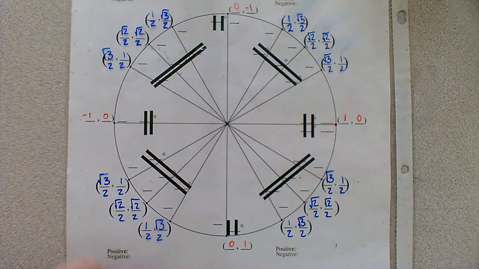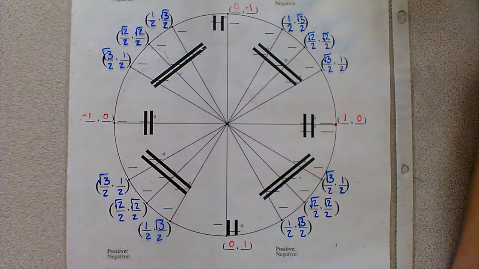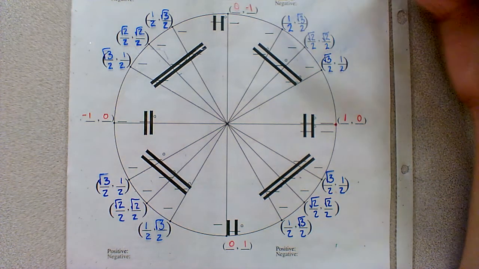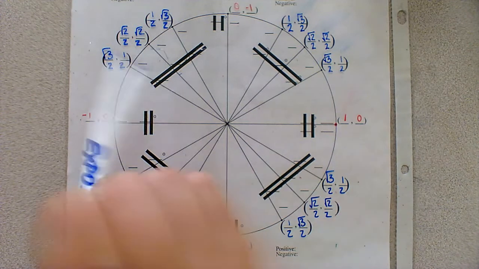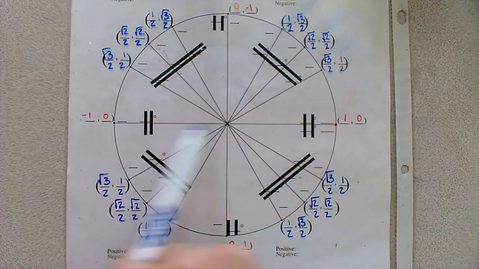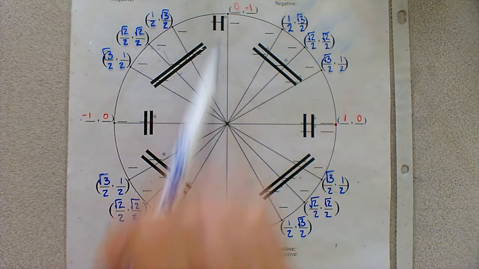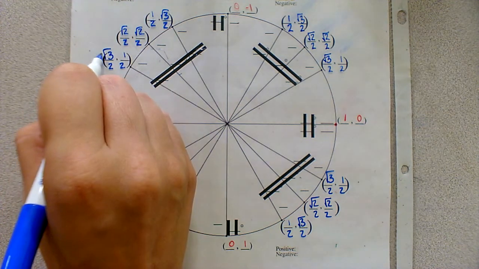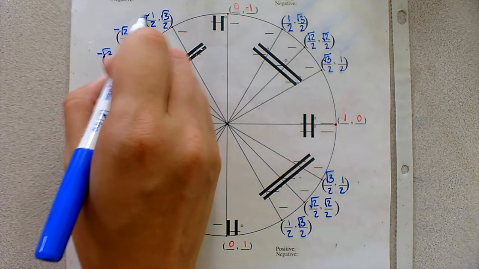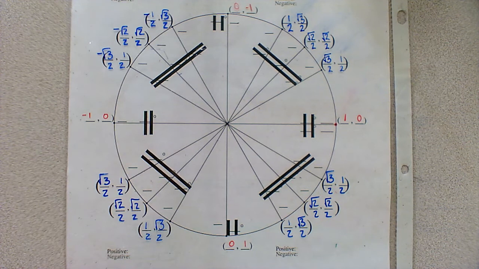Since we are dealing with a coordinate system, we have to make sure that we have the correct positive and negative coordinates. So in our first quadrant, all the x values and y values are positive. However, in the second quadrant, we know x values are negative, y values are positive. So we have to show that in our ordered pairs. So in front of all those x coordinates that you wrote in, we're going to have to throw in a negative sign.